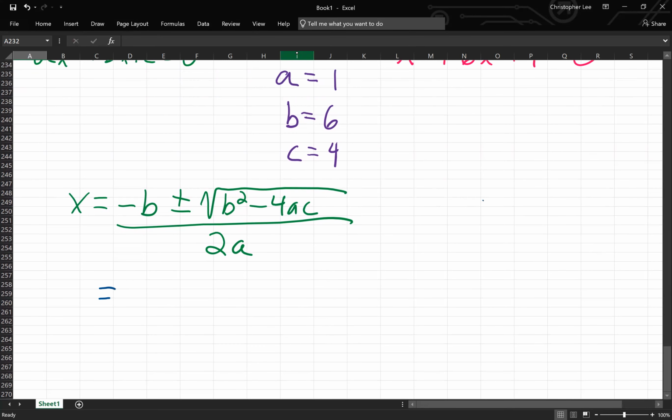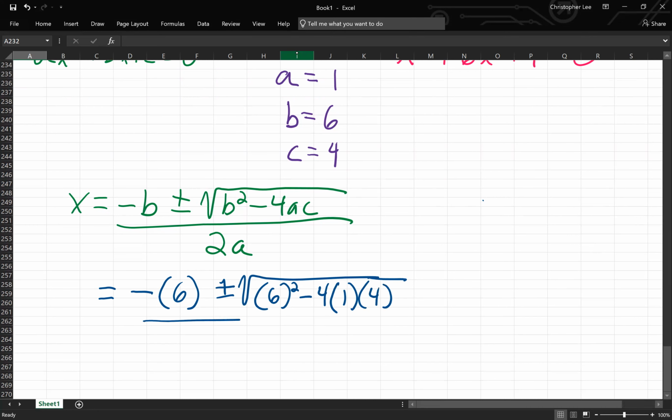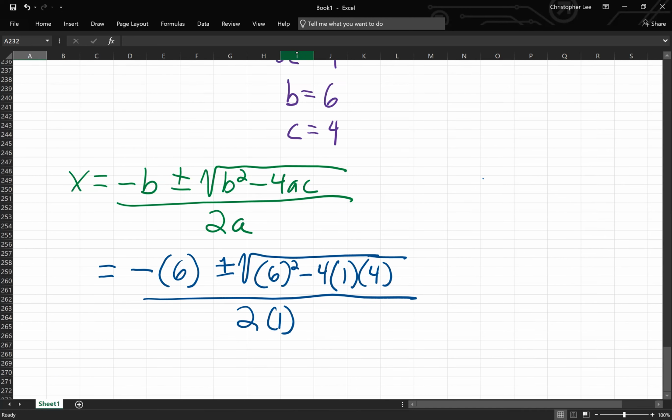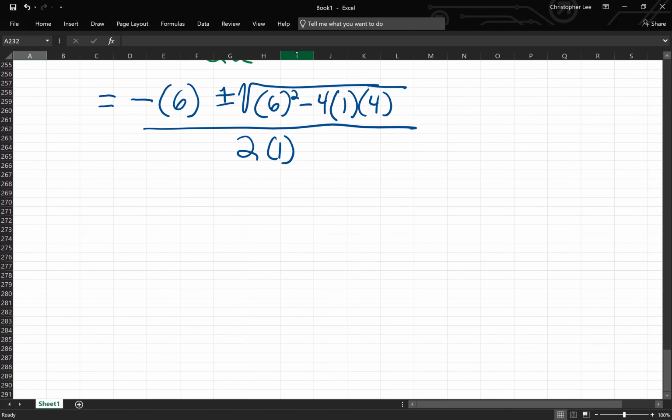All right, so this is equal to negative of B, which is 6, plus or minus the square root of 6 squared minus 4 times A, which is 1, times C, which is 4, all divided by 2 times A, which is 1. Simple, simple, simple. Just do the math on this, right?